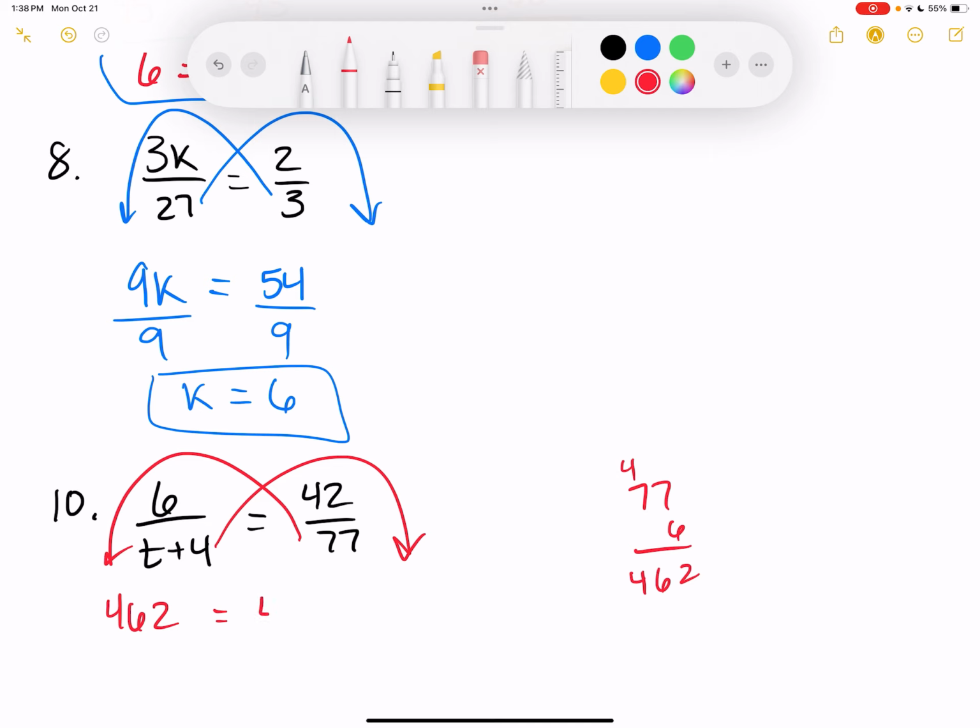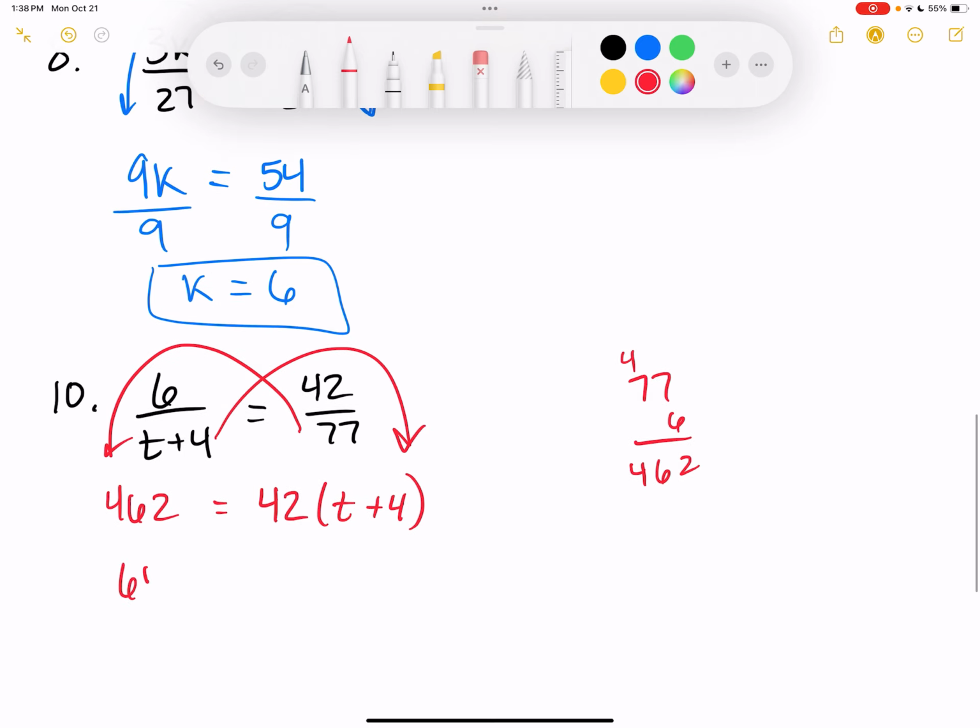So when I do this, it's going to be 42 times t plus 4. What does that mean I'm going to have to do? Distribute, okay? So 462 equals 42t plus 168.